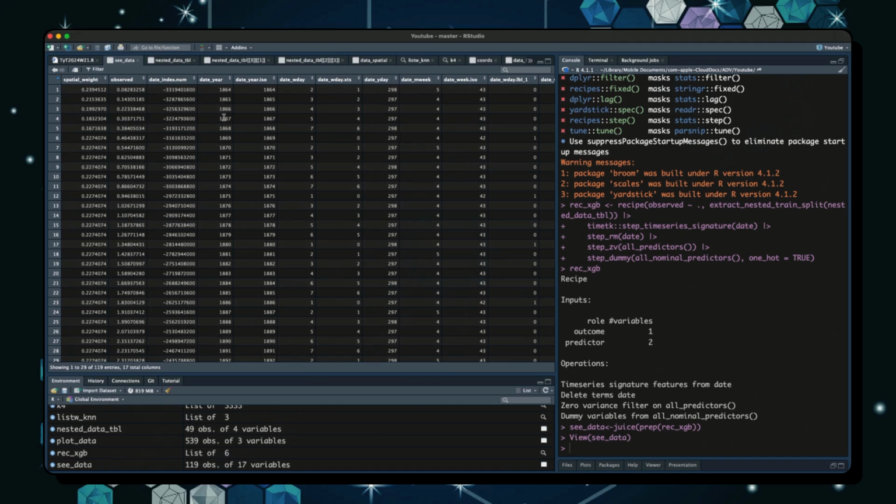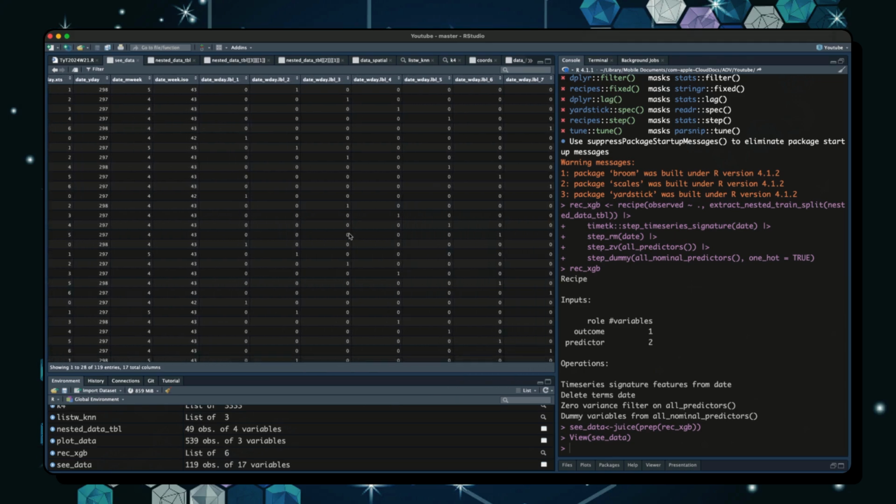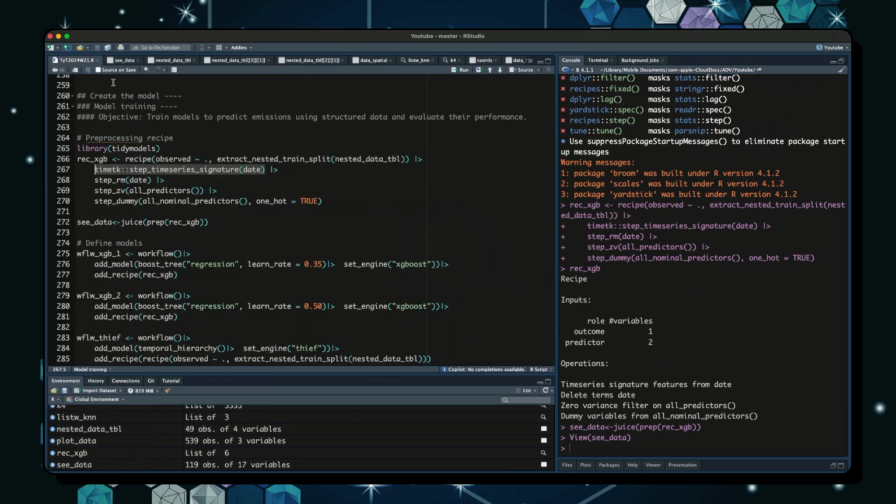So we are going to add the year, add the year ISO, add the weekday, year day, and many more other information. That's just a way to help the model understand what kind of trend there is over time.